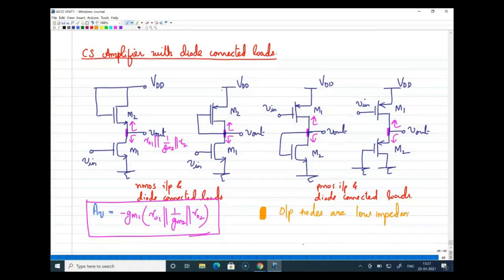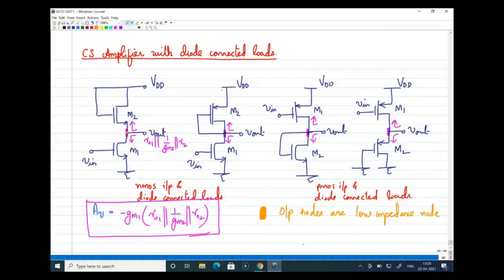If the impedance at that particular node is low, I can call it a low impedance node. So all these nodes have low output impedance. Output impedance is equal to 1 by gm parallel to ro parallel to ro, which is smaller than 1 by gm, and that is a small value. That is why we call these output nodes low impedance nodes.